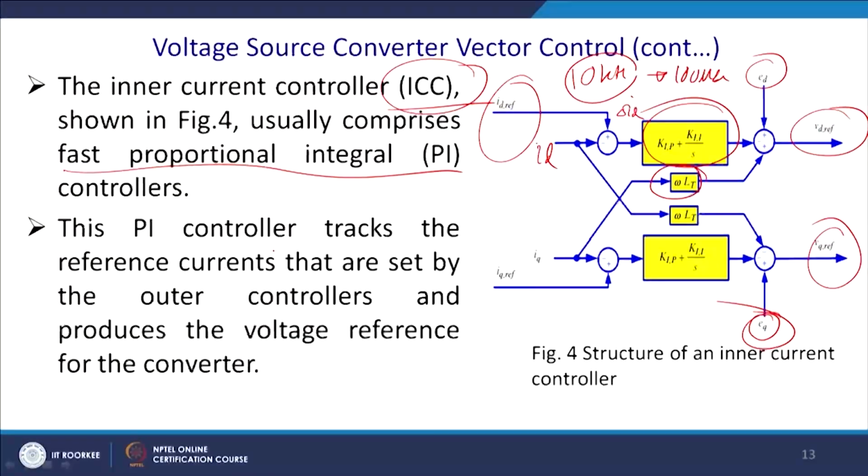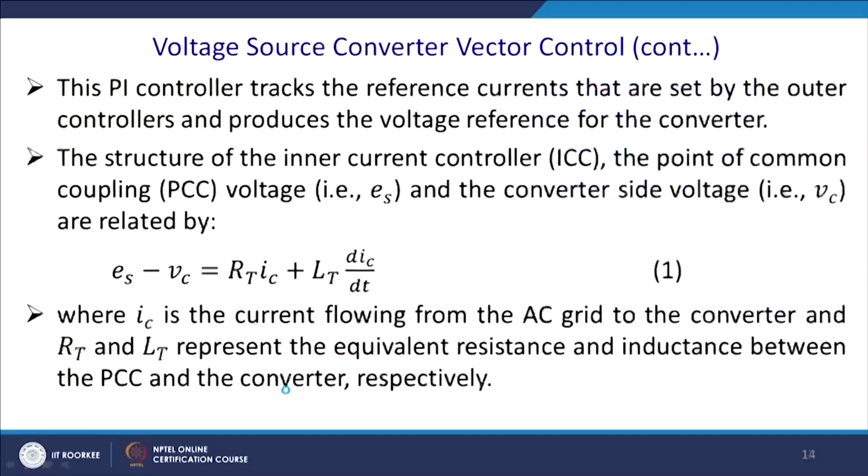So, the PI controller tracks the reference current that is set by the outer controller and produces the voltage difference for the converter.